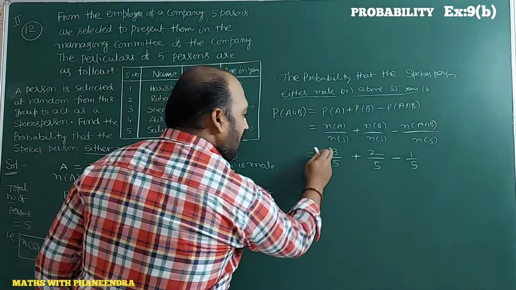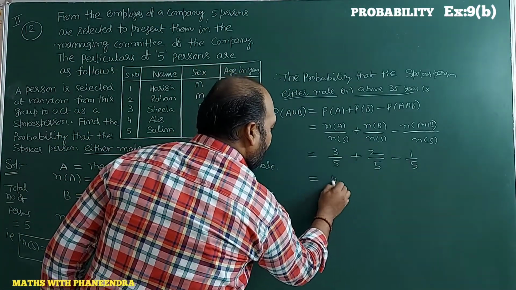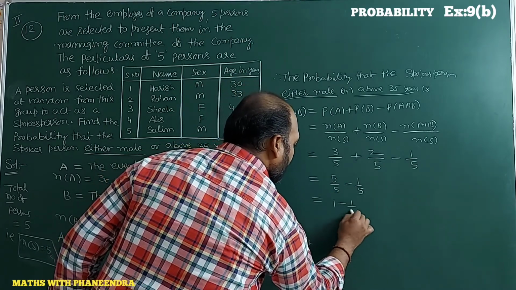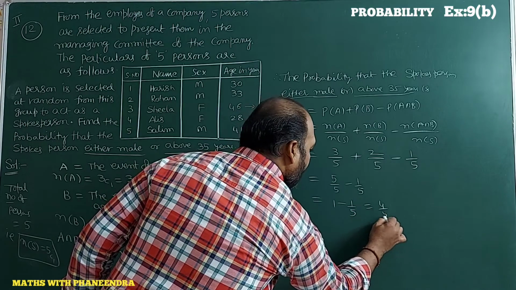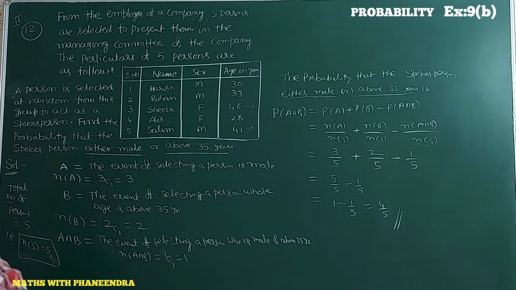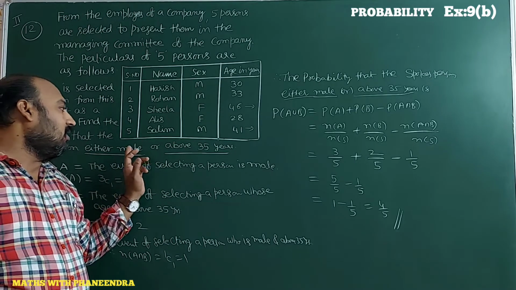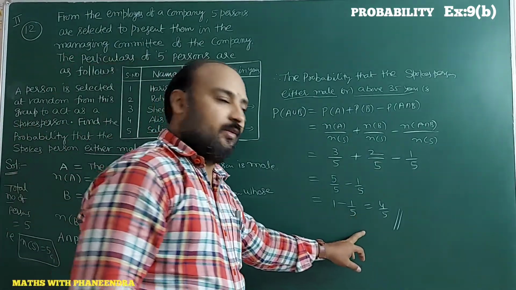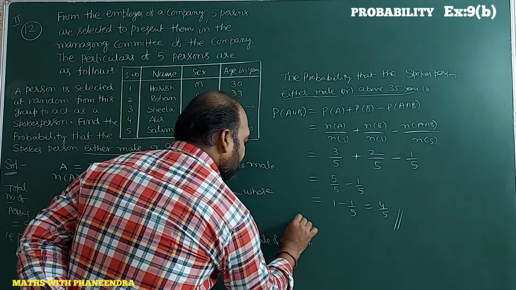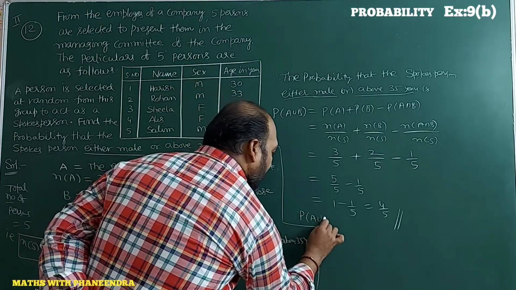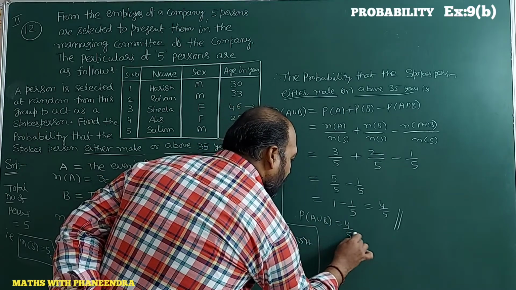So it will become 3 by 5 plus 2 by 5, 5 by 5 minus 1 by 5, that is equal to 1 minus 1 by 5, which is equal to 4 by 5. Therefore, the probability that the spokesperson is either male or a person above 35 years is 4 by 5. Therefore, the conclusion step, P of A union B is equal to 4 by 5.